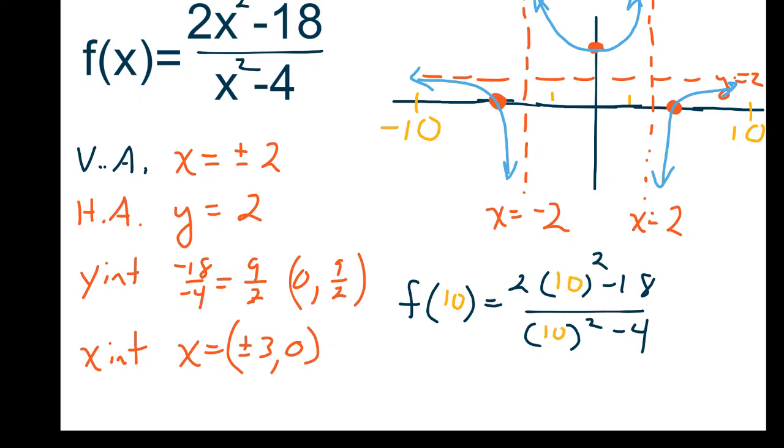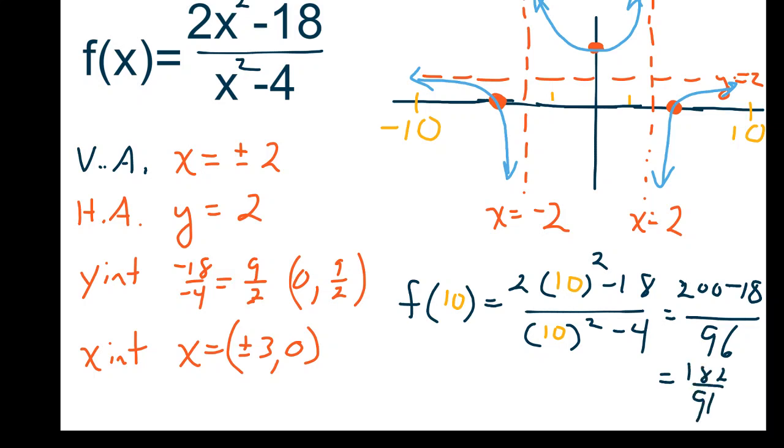It's going to come out to be 100, and we're trying to do this math out of calculator, so we end up with 200 minus 18. You're also going to end up with 100 minus 4. So we end up with something in the ballpark of 182 over 96.